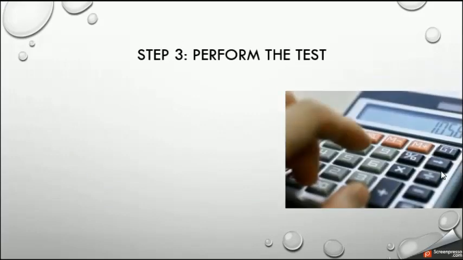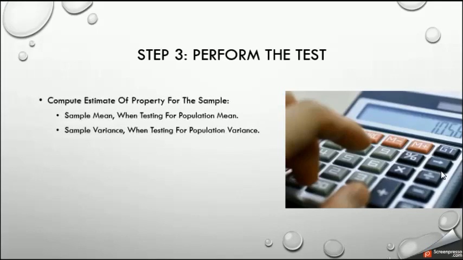Now the important and final step is to perform the test. We should have some calculations for our sample. If we are looking at the population mean, we are going to compute the sample mean. If we are testing the population variance or variability, we are going to compute the sample variance.